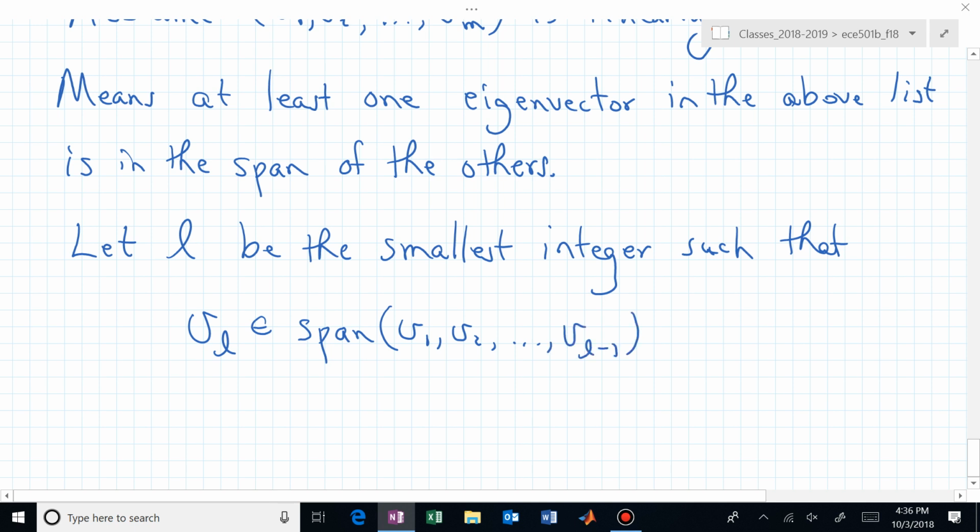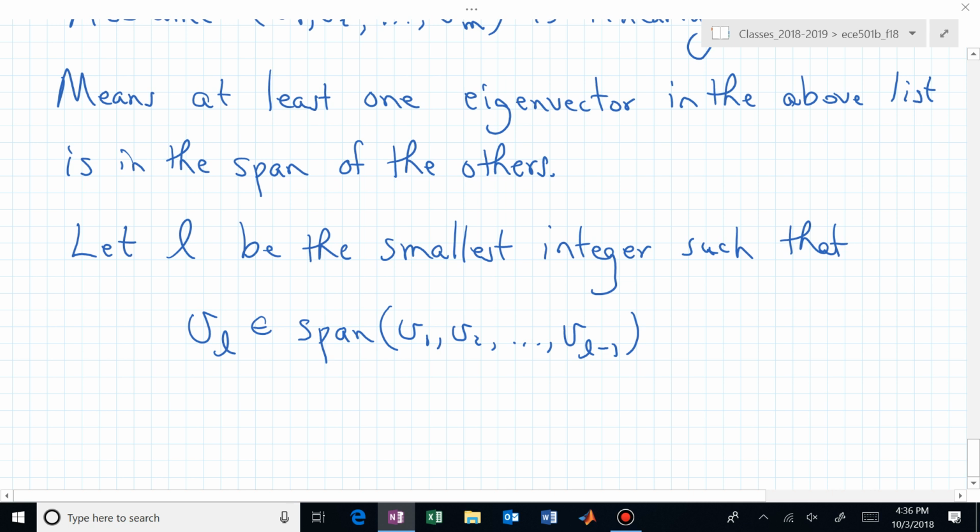So I've ordered these eigenvectors in such a way that v sub L is the smallest integer such that it can be written as contained in the span of the previous L minus 1 vectors.